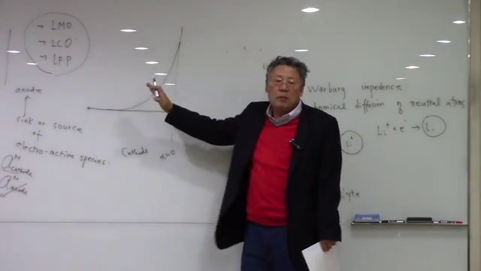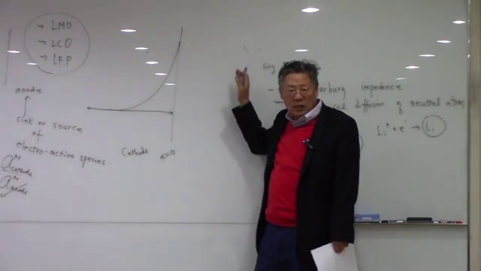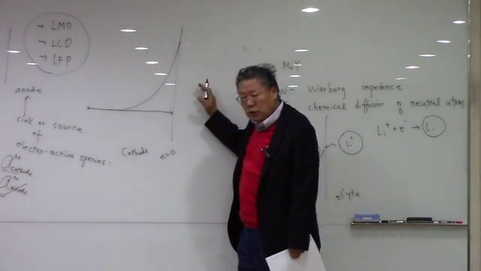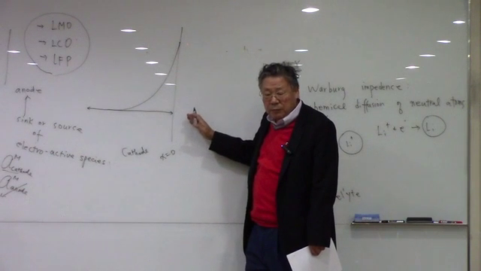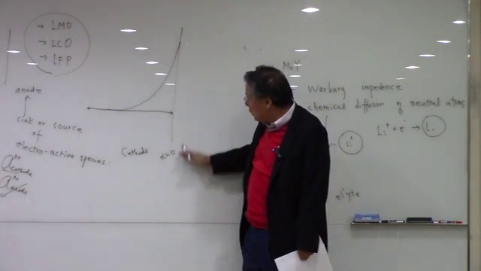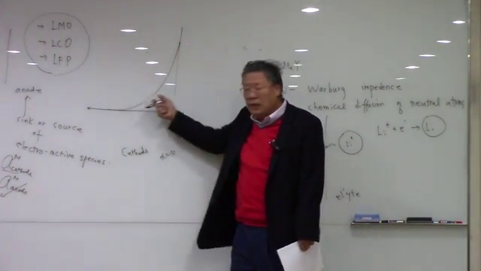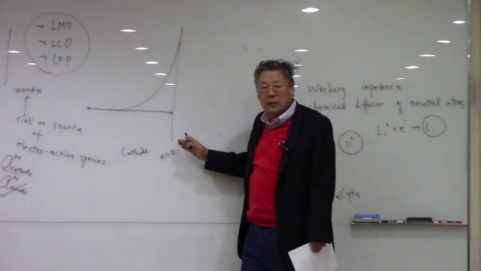Then you begin to put some lithium into the cathode electrically, and the electroactive species is set on the surface, x equal to 0, and takes electrons, and then it becomes neutral at the surface.